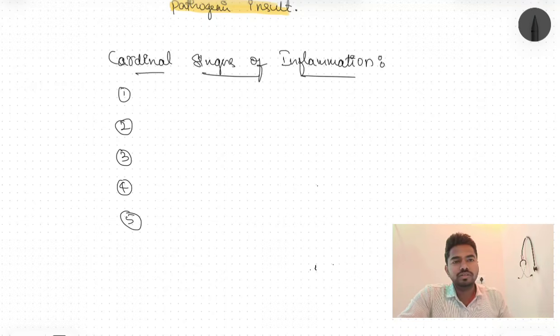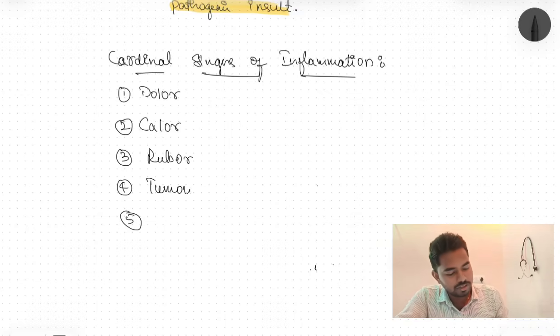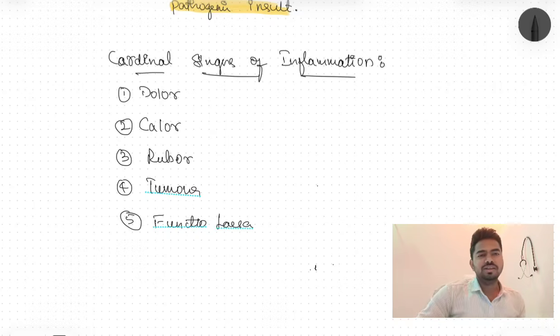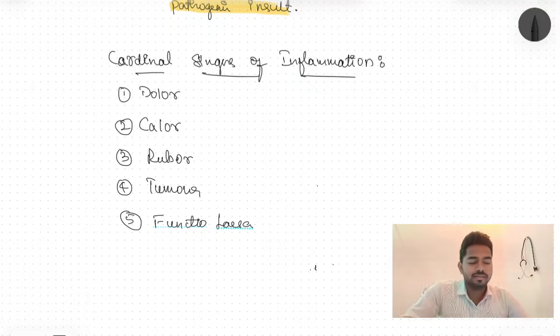One is dolor, calor, rubor, tumor, functio laesa. What is this? See, dolor is nothing but pain.